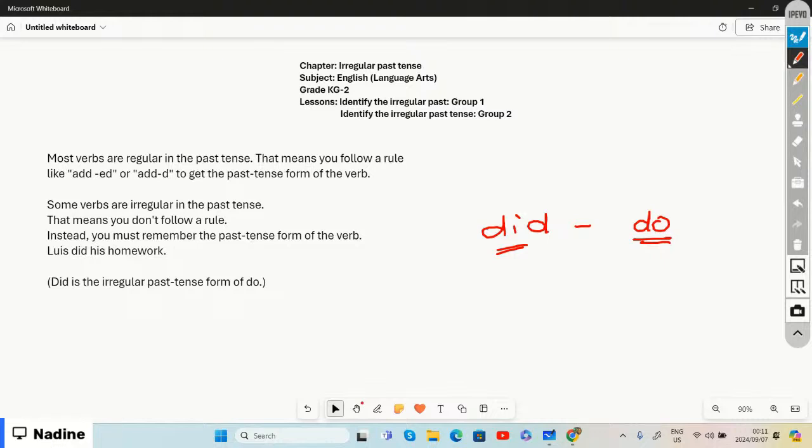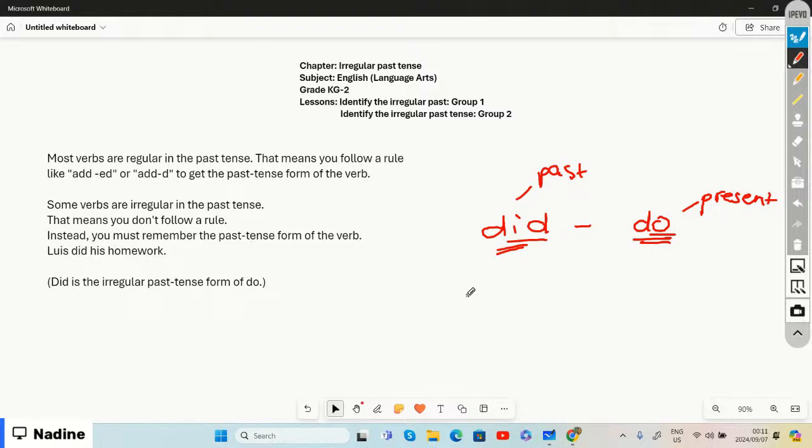Or Louis does his homework now, and in the past, Louis did his homework. So this is the present tense and did is in the past tense. If you look at these two words, can you see how the wording changes? That is why we say that irregular past tense verbs don't follow any rules. You're just going to have to remember the past tense form of that specific verb.